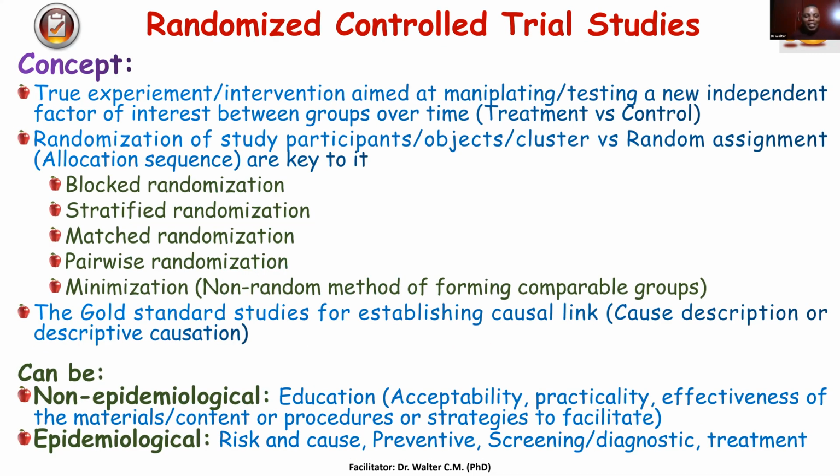Now we are ending up with the other study design, which is the randomized controlled trial. You see? This is the gold standard in intervention, and it is called the gold standard and true intervention because it has all of the 3 characteristics: randomization, manipulation of the participant or independent variable or input factor, but also a control group.